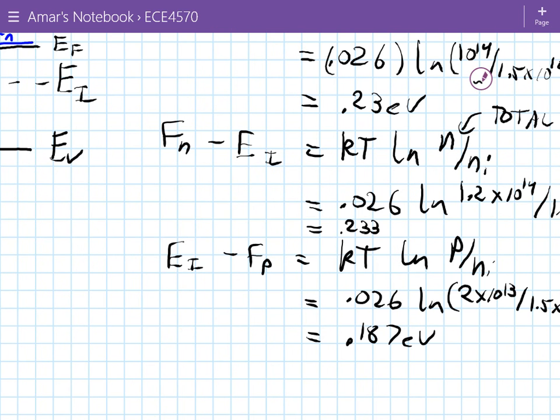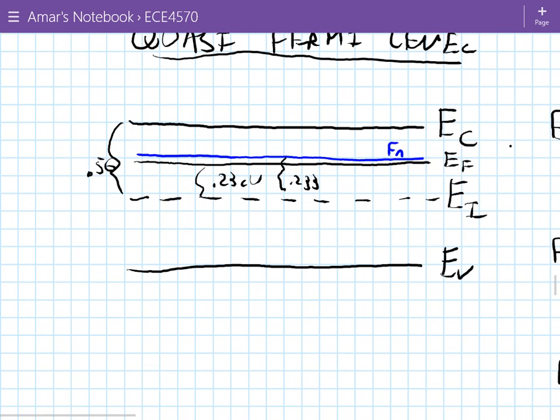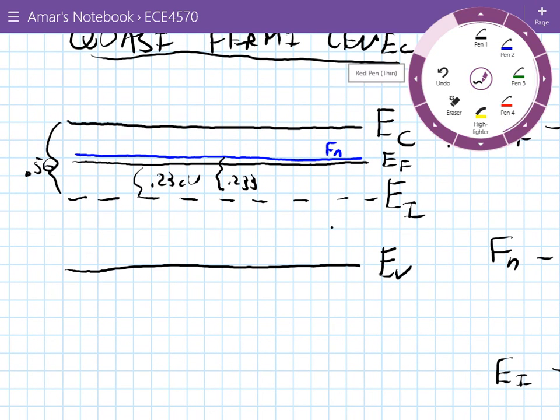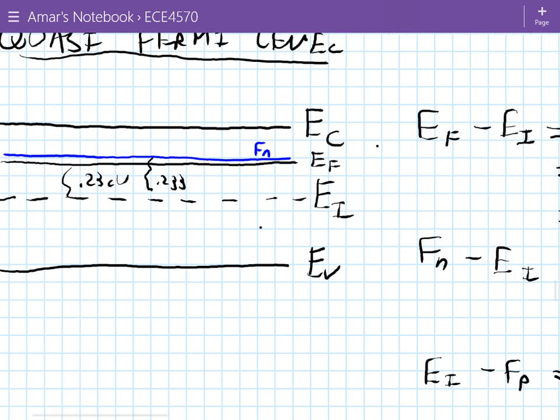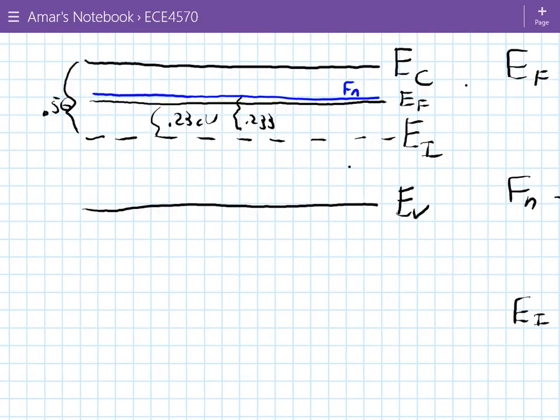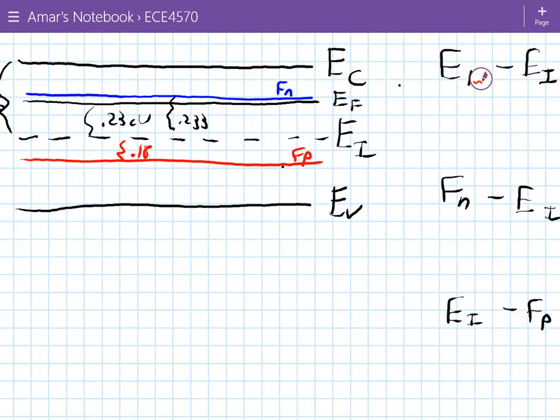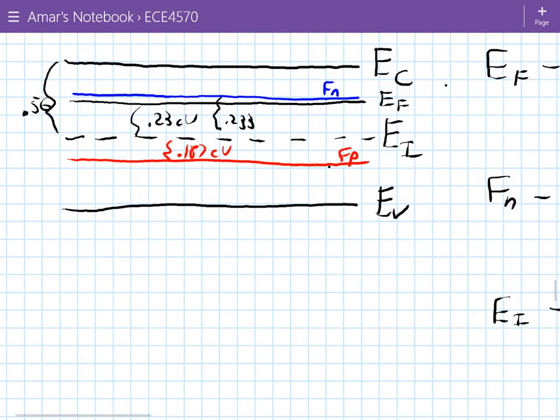0.233 electron volts. That was the previous part. So if I put in my Fp here, this is telling us that Ei minus Fp is 0.187 electron volts. So it's going to be somewhere in this region here. This is Fp, 0.187 eV. This Fp is a visual representation of the hole concentration.